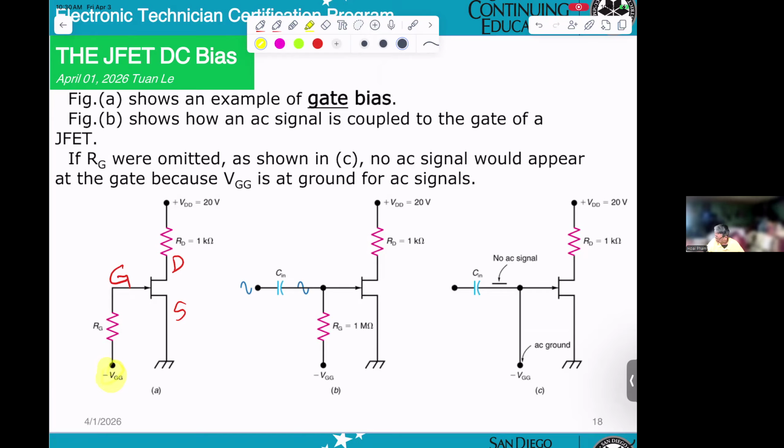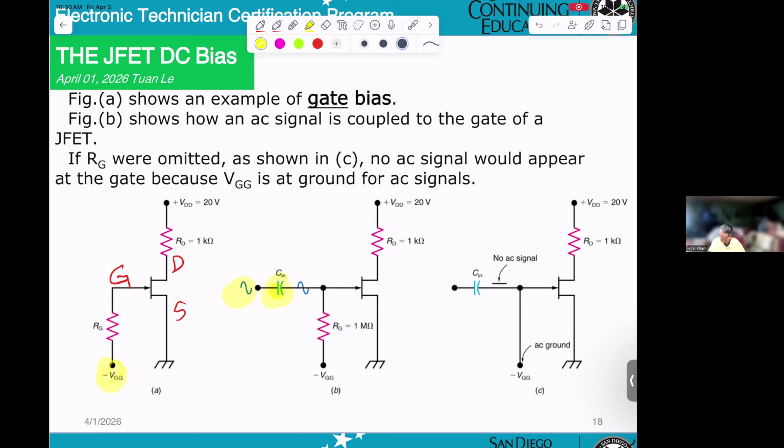Later, when you work with a JFET as an amplifier, you add an input signal here, adding a capacitor, exactly like a bipolar transistor.